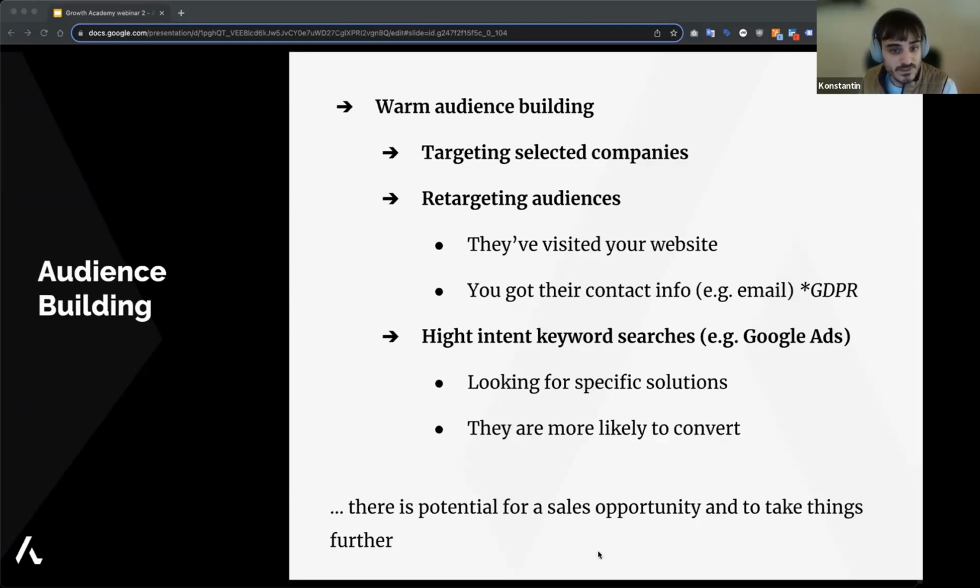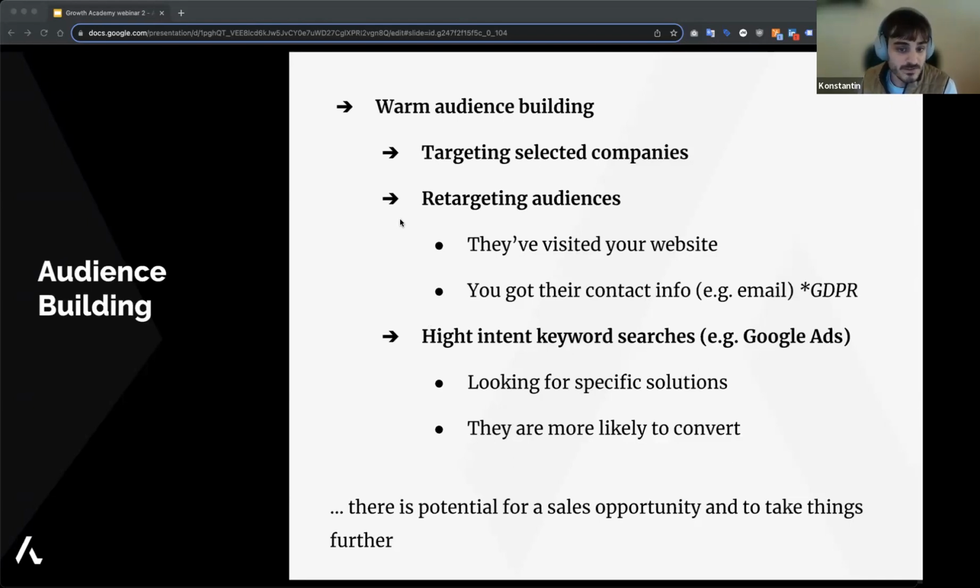But with targeting selected companies, I would also like to mention targeting audiences. As we started in the beginning, we have tracking, we have measurement, and we can track the people that have visited your website, and we can start showing ads to those people, because visitors are not a lead, but we can retarget them so they can take the next step and then become a lead.